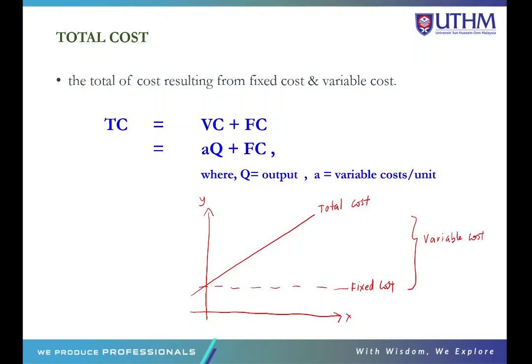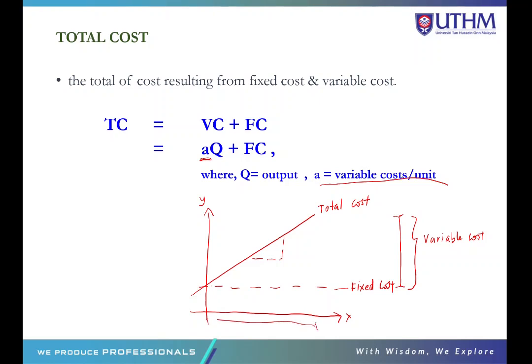When you look at the equation, A is actually the slope of this line. That's why A is defined as the variable cost per unit. This is the cost, the variable cost per unit, and it depends on how many units you produce.